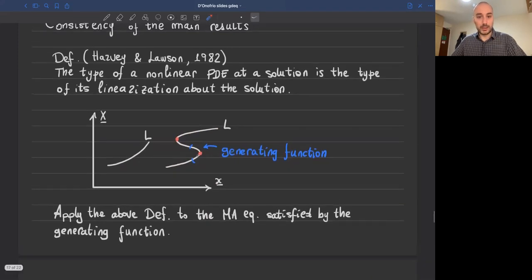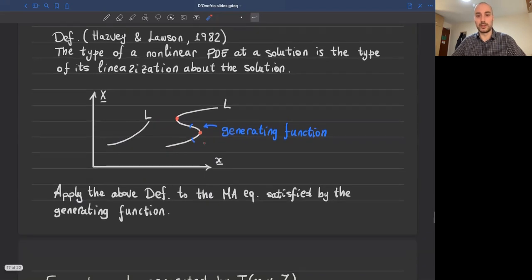But we can linearize the equation satisfied by the generating function in the presence of singular points, right? We can just take the linearization of that to define the symbol type of the equation along this solution. We can do it locally through generating functions.